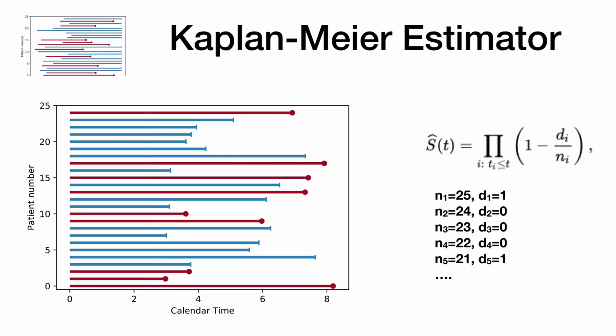So it's now what you had before times 1 minus 1 divided by 21, which is a new survival function. This way you can multiply yourself into the best estimate of the survival function.